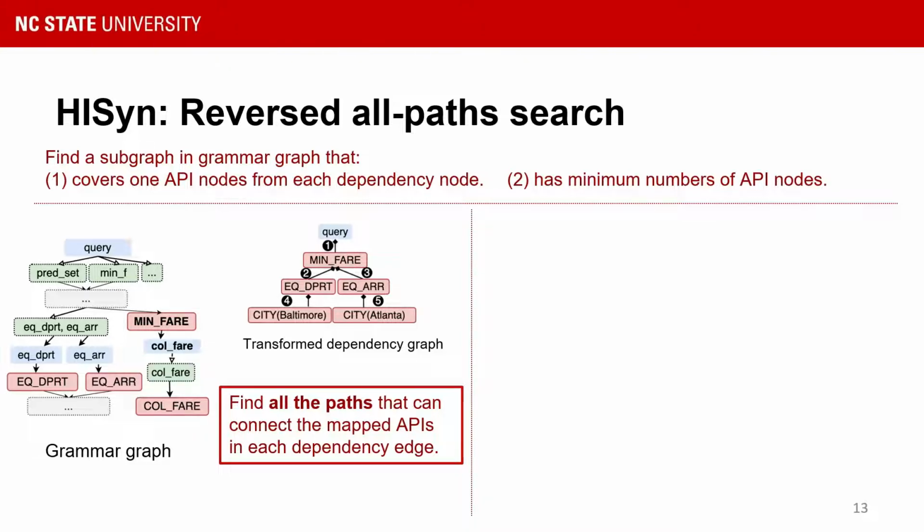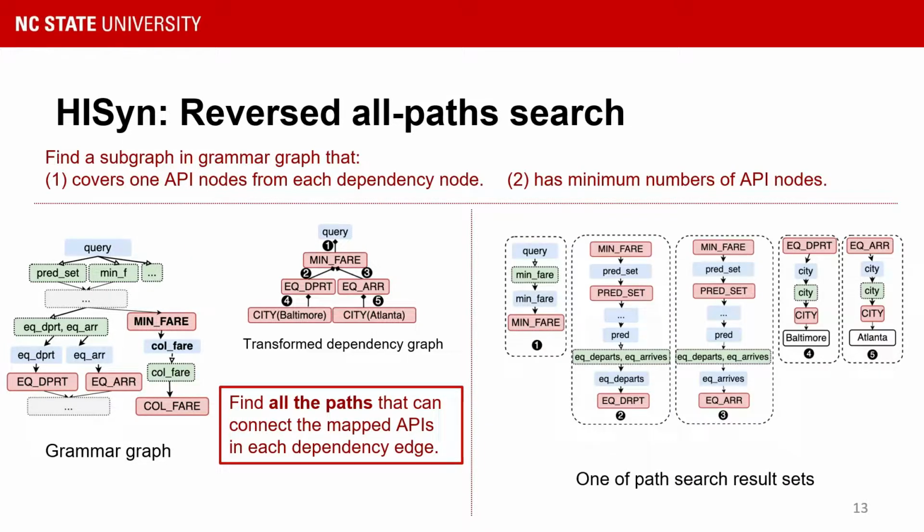For each edge in this dependency graph, we search our grammar graph from our domain knowledge constructor for a subgraph that connects the APIs at each end of each edge. For each of these, we could end up with multiple paths, but the one that is chosen is the one that has the minimum number of APIs.